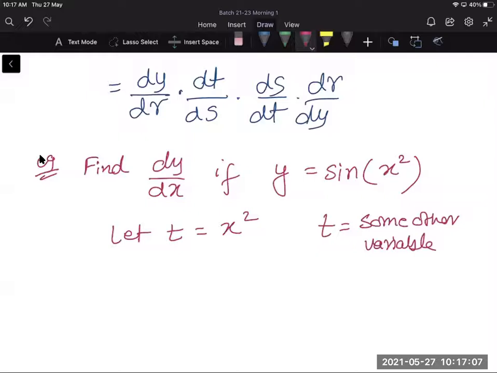So this is the nature of variables, right? You should also be comfortable with producing variables out of thin air. We wrote x square: let t is equal to x square, let u is equal to x square, let r is equal to x square.